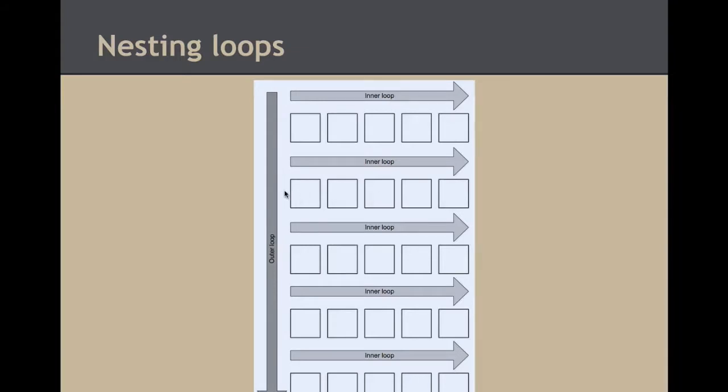Then we increment the outer loop counter, go down all the pixels in that row. Increment the outer loop counter, go down all the pixels in that row, and so on. Okay? So our outer loop, if we're processing an image, selects which row we're looking at, and the inner loop selects which pixel in that row we're examining.